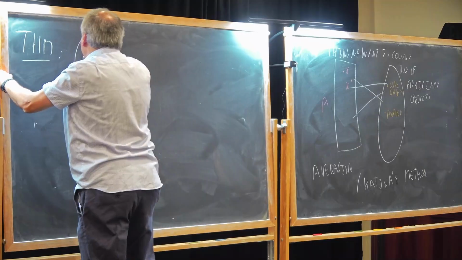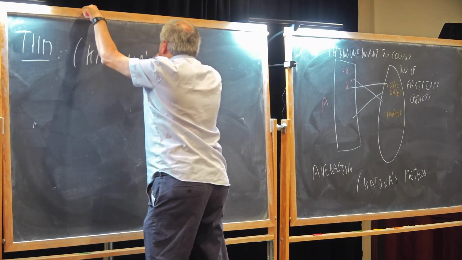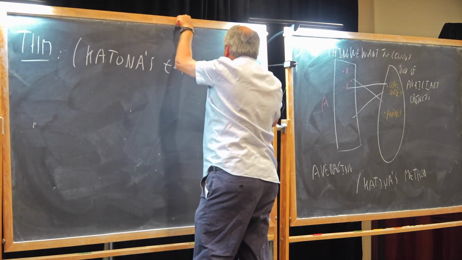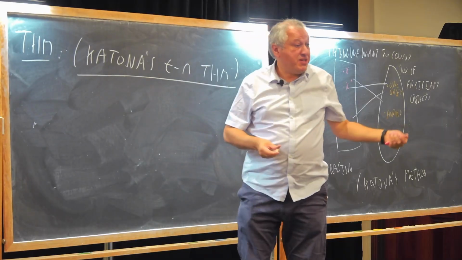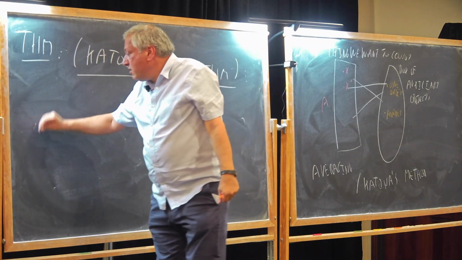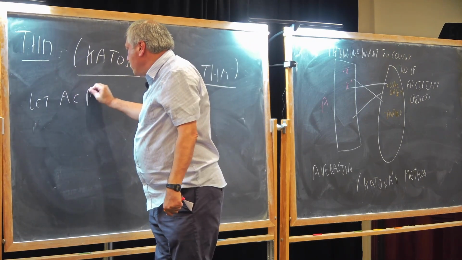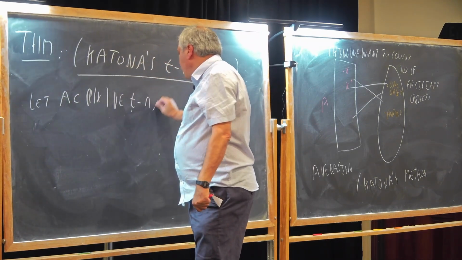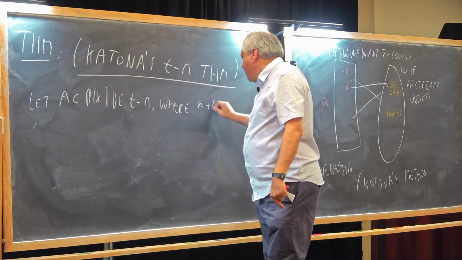So we have Katona again. This is called Katona's t-intersecting theorem. It says what I just said. It says that A contained in the power set of X be t-intersecting, where the numbers work out nicely, where n plus t is even.